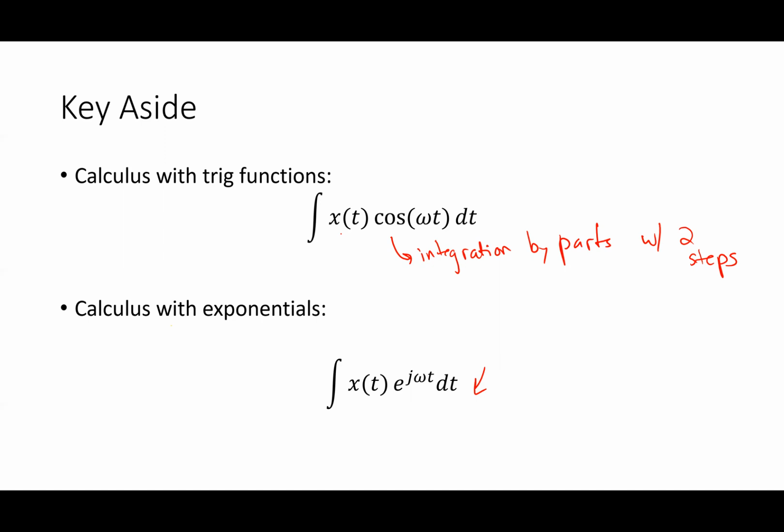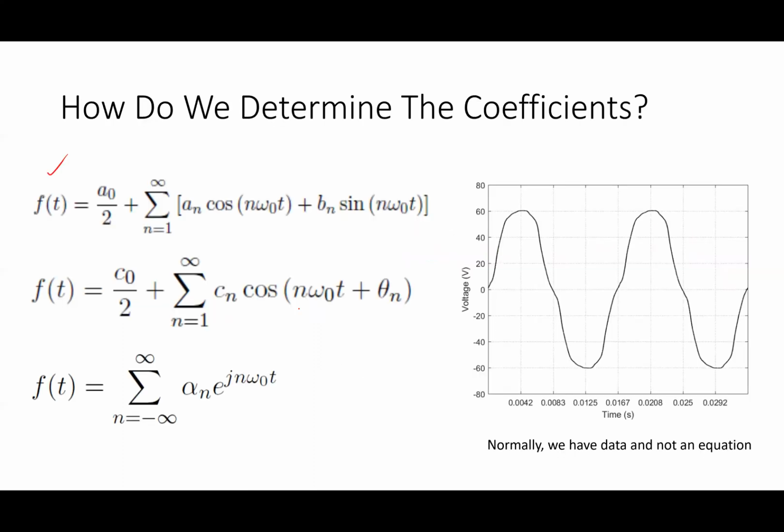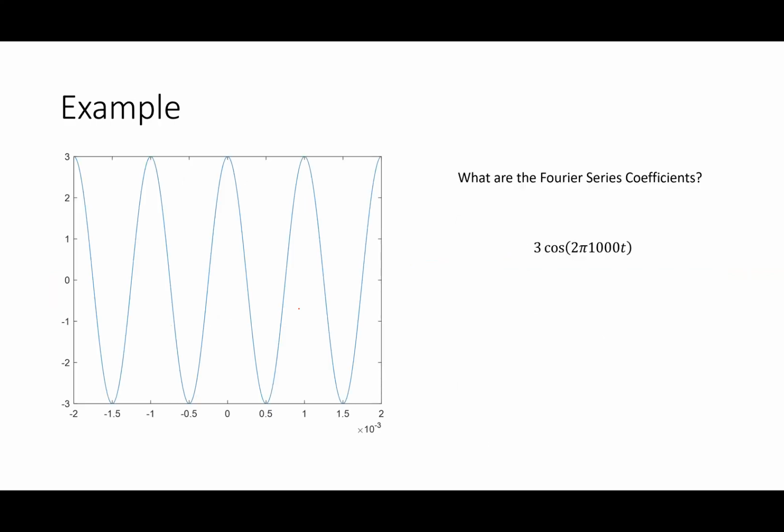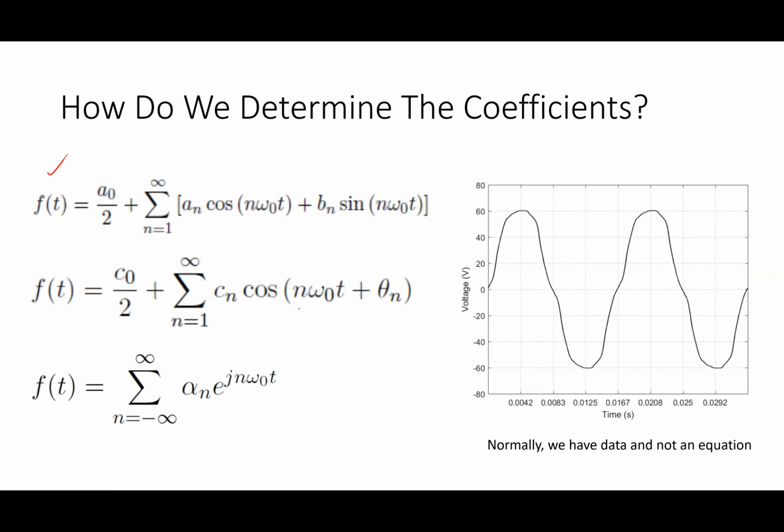That's a little bit beyond us in this class, but it's important for us to remember. So we're going to deal primarily with the complex exponential when we get these coefficients. Now, like I said, normally I've got data like this. What I said last time is you can find formal derivations of how to solve for A_n, B_n, C_n, and alpha_n.